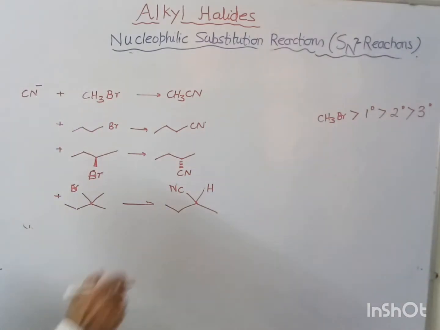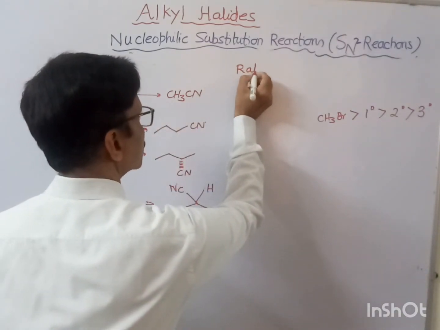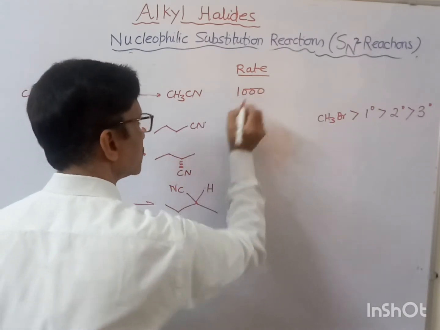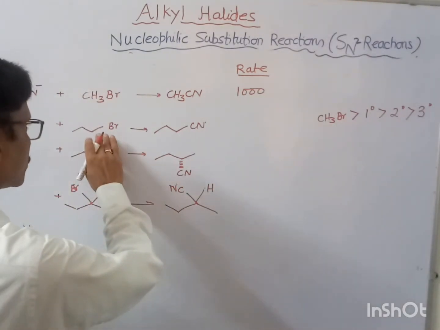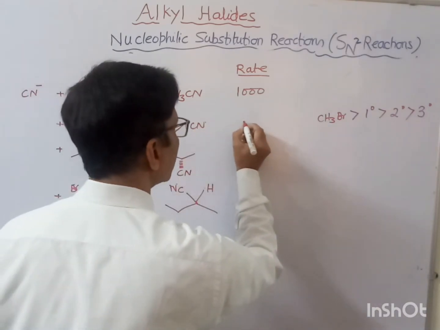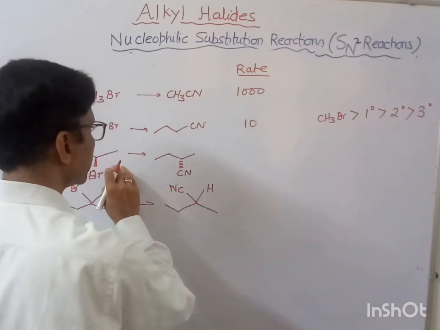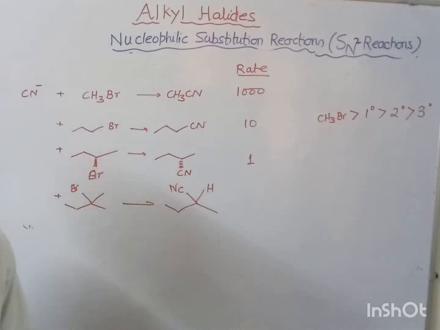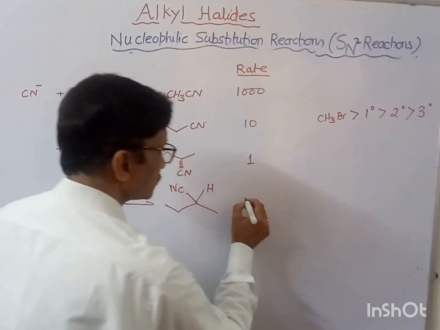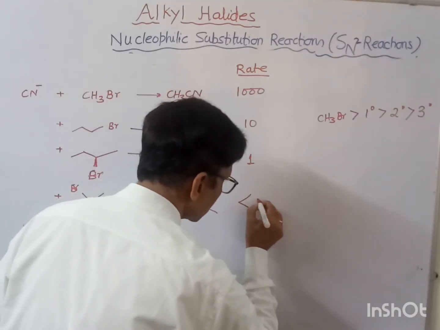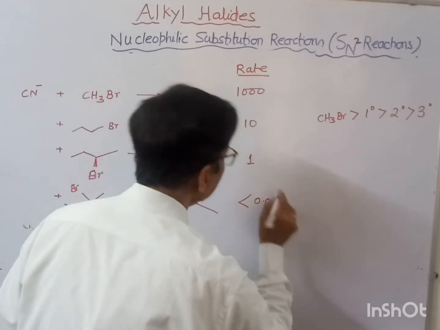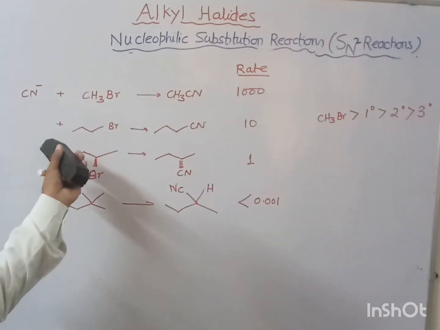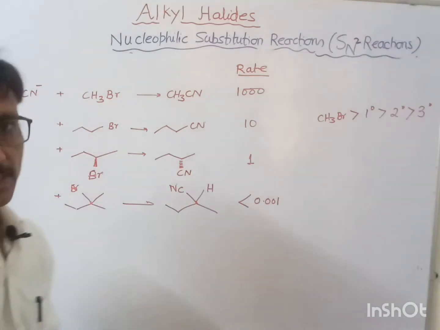So the rate of this nucleophilic substitution reaction, suppose it is 1000 for methyl bromide, then the rate of substitution reaction for this will be only 10, and for this the rate will be 1, and for this tertiary alkyl halide, the rate of substitution reaction is very less, which is 0.001 in comparison to the methyl bromide, or in comparison to this primary alkyl halide.